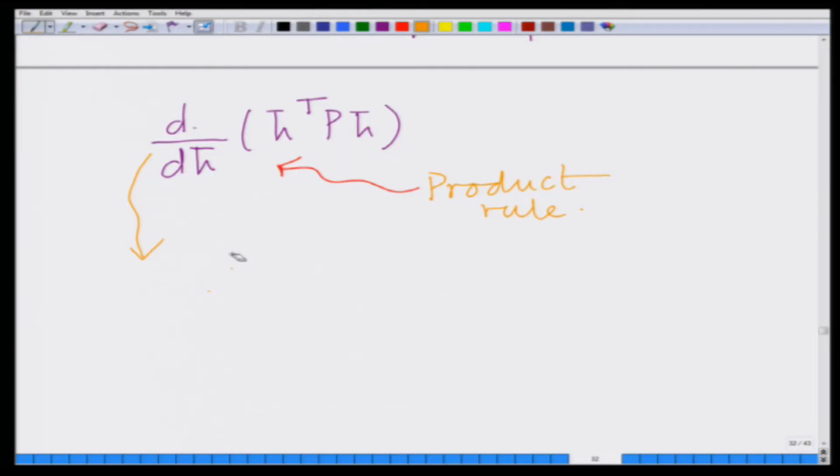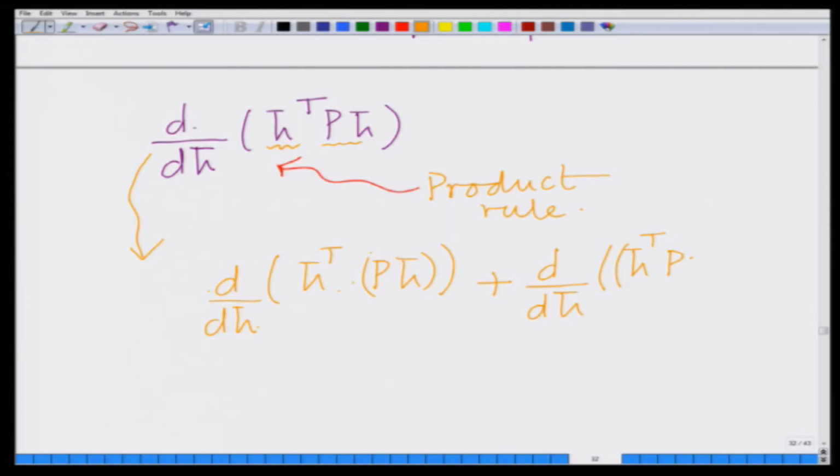First I treat h bar transpose as a constant, and take the derivative of P h bar, plus the derivative with respect to h bar of h bar transpose P, treating this as a constant, times h bar.